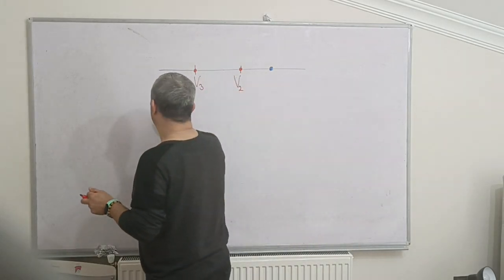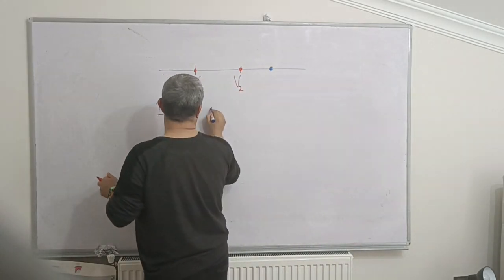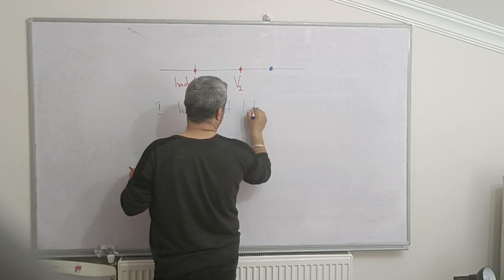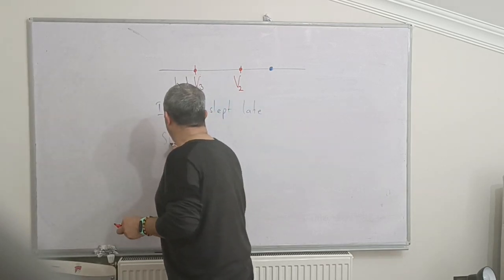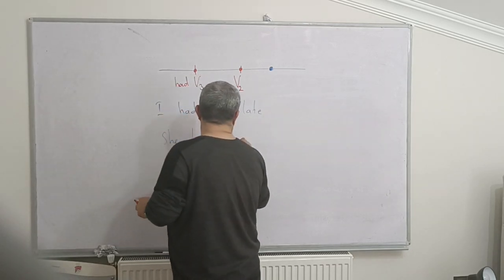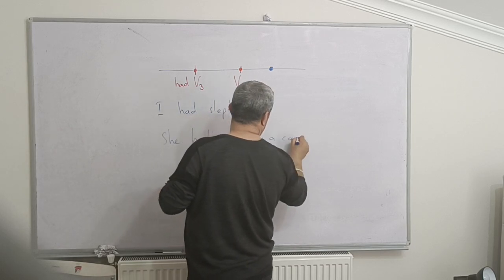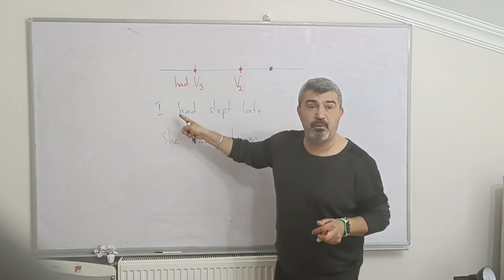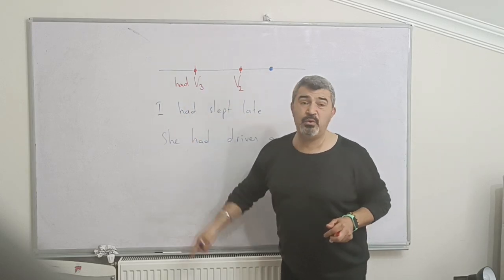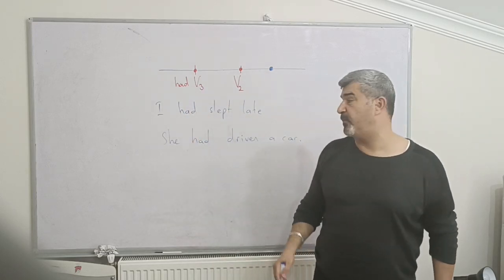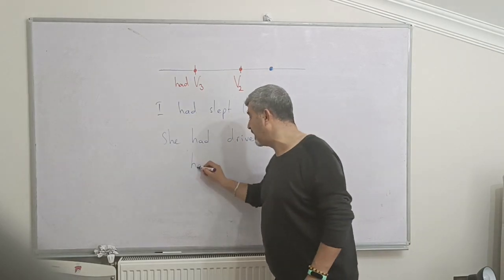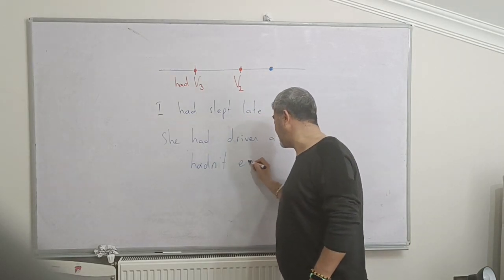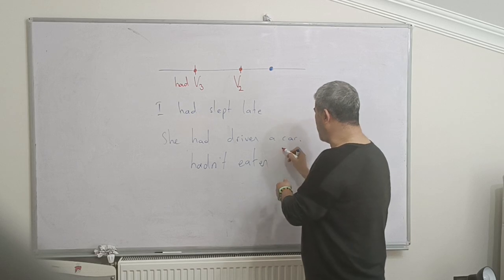For example, I had slept late. Or she had driven a car. The usage of past perfect is we use the helping verb had and the third form of the main verb. And after had, if you use not, hadn't eaten, it is the negative form.